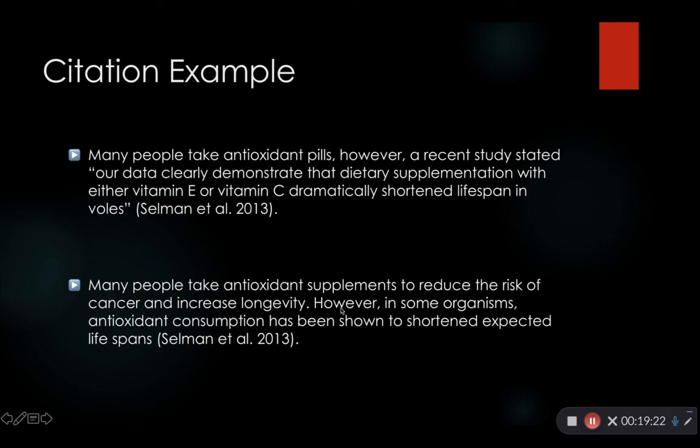However, in some organisms, antioxidant consumption has been shown to shorten expected lifespans. Selman et al. 2013. So this is all written in your own words as compared to quoting that paper. So I guess there is some usefulness in seeing that, but you don't want to do that. But put this in your own words and then cite the paper.